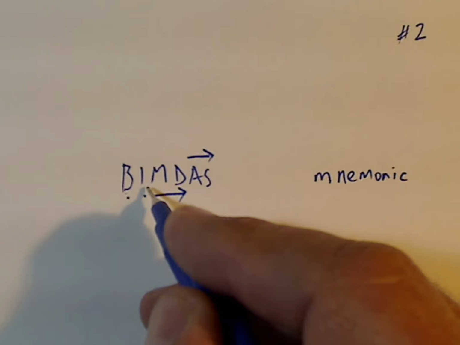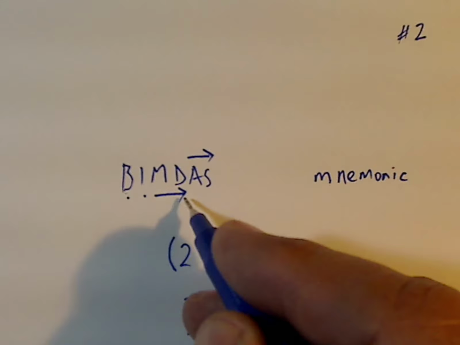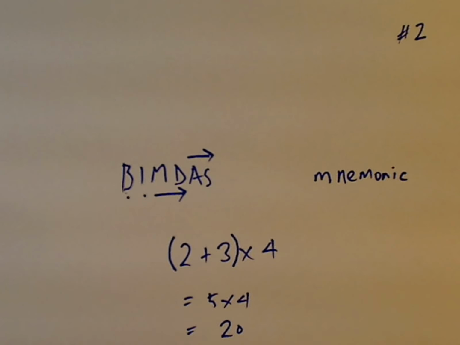Now the I for index I'm going to dedicate a whole video to, so we'll leave out indices or indexes for the moment and jump straight to multiplication and division, left to right, and addition and subtraction, left to right, because that hasn't been explained. So let's start with multiplication and division.